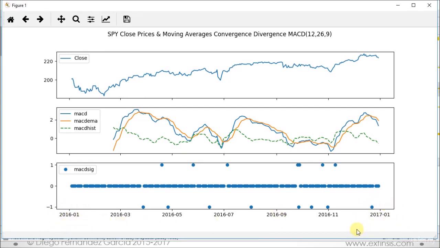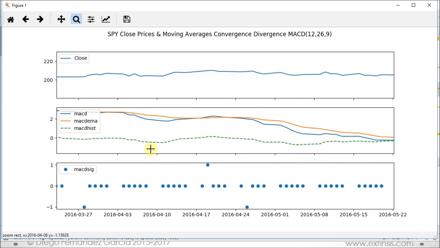Excellent. So let's zoom into part of our chart so that we can observe some of these trading signals. Let's say we zoom into this part right over here. Excellent. So first of all, we are going to focus on our MACD against its signal, which is the MACD EMA or the orange line.